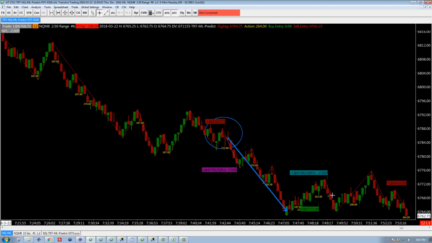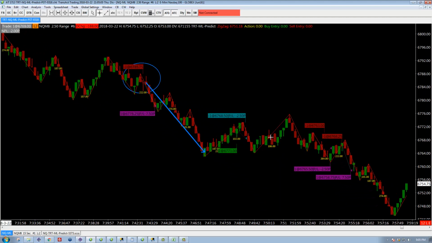Then we get some chop here, and this is the thing I'm working on to try to deal with. So I take a 10 tick stop here, and then another one here. And then we catch another nice short. I just love this short. This here is a turning behavior long that is predicted to fail, so you get just this wonderful entry.